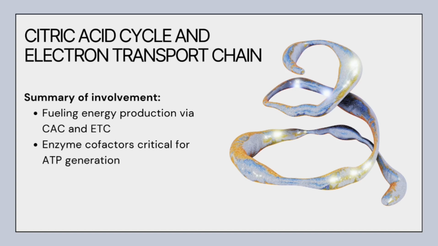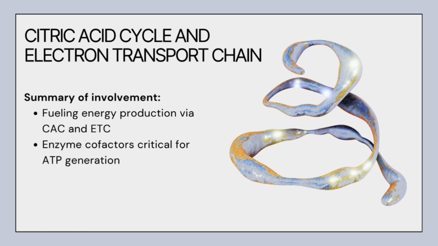These high-energy electron carriers, NADH and FADH2, then enter the ETC in the inner mitochondrial membrane, where they donate electrons, leading to the creation of an electrochemical proton gradient. This gradient powers ATP synthase, an enzyme that synthesizes ATP from ADP and inorganic phosphate.